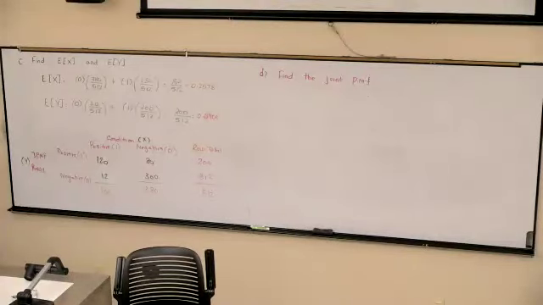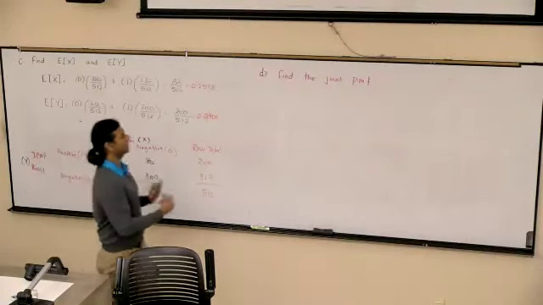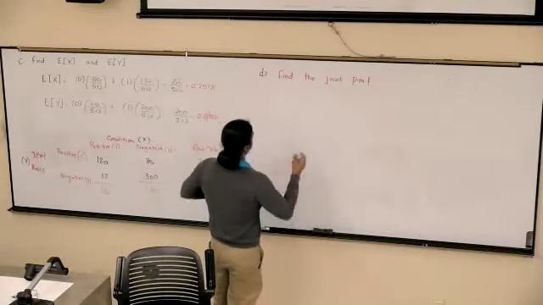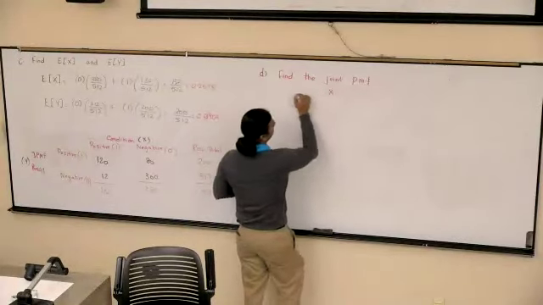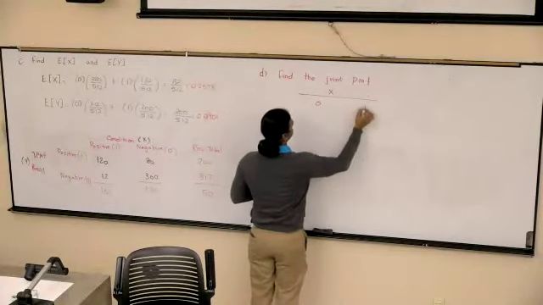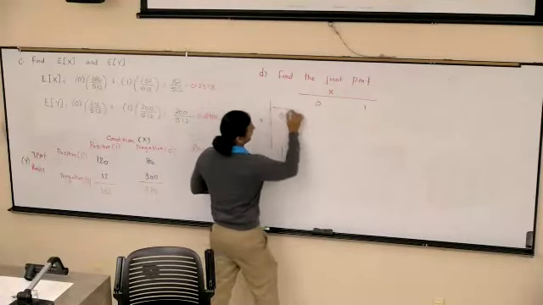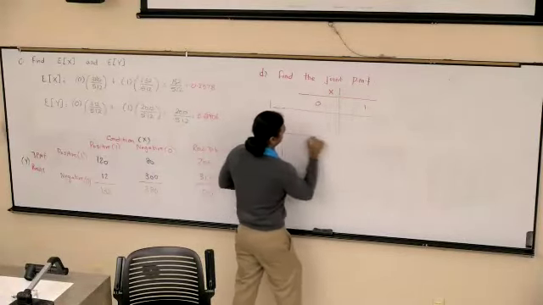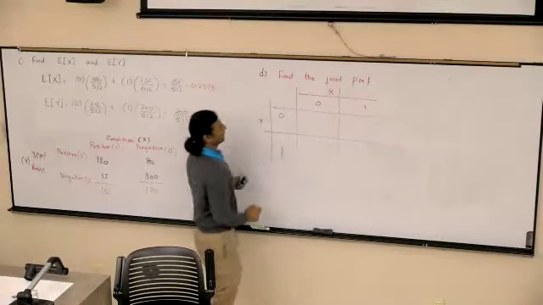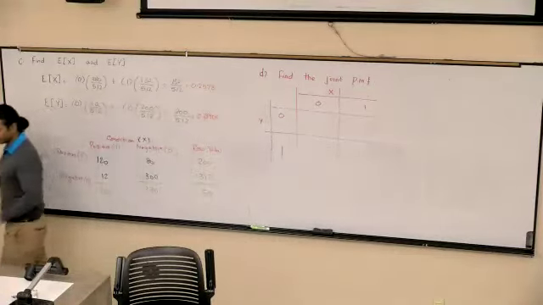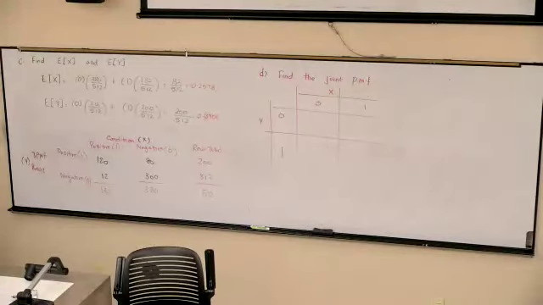How do I find the joint PMF? What I have is a contingency table. All I have to do is divide each value in the contingency table by the total.